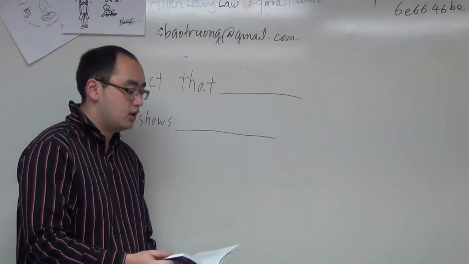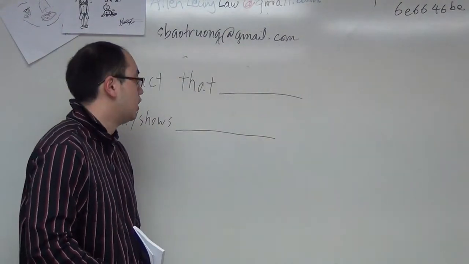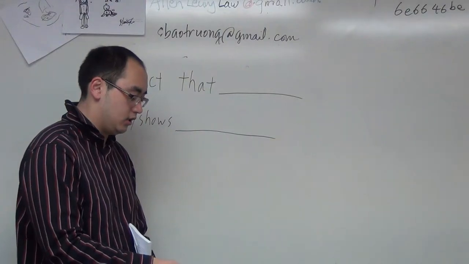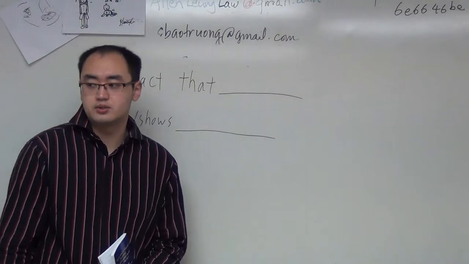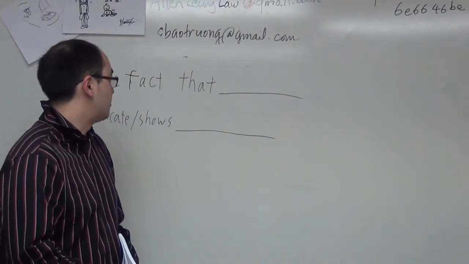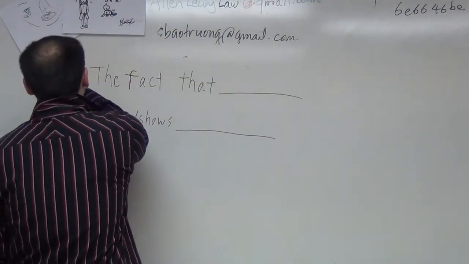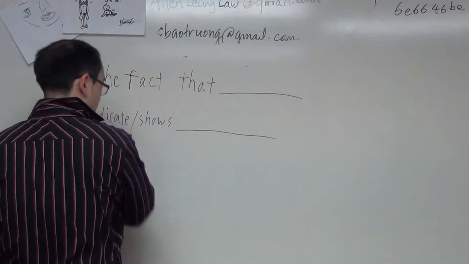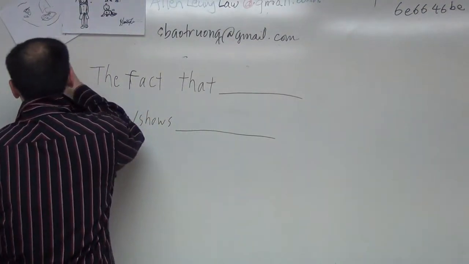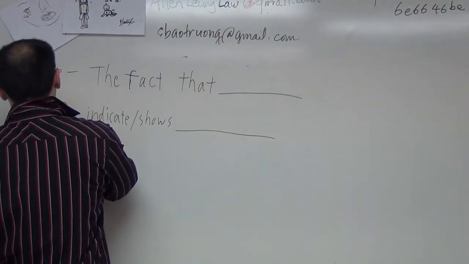Okay, so the "fact that indicates" structure is essentially like you're setting up an idea and then trying to prove the idea in the same sentence. Remember last time I said that this part was the reason, the cause. And then this part is the effect.